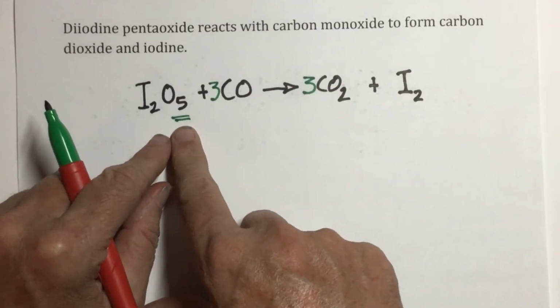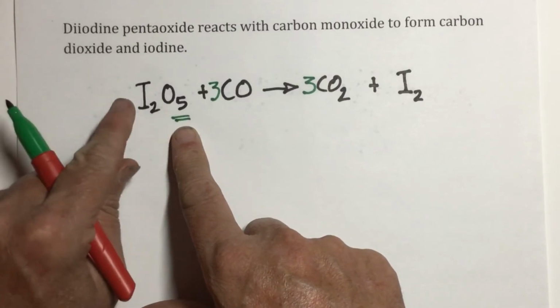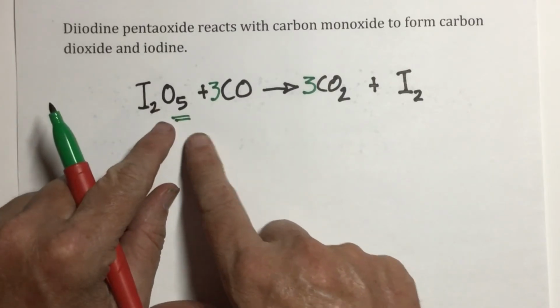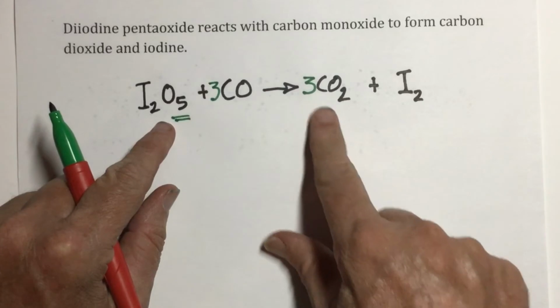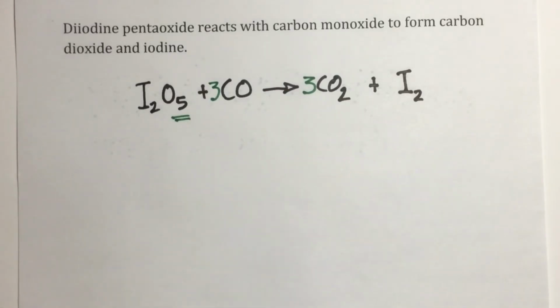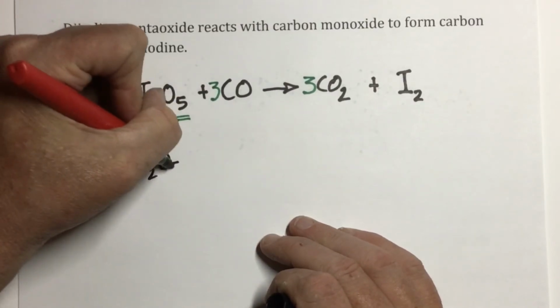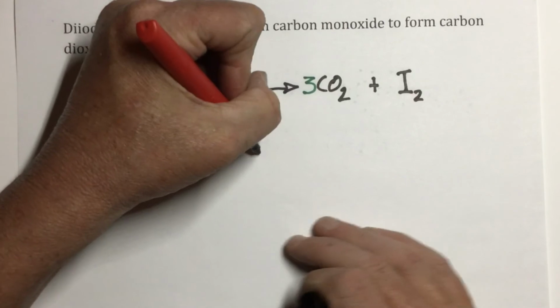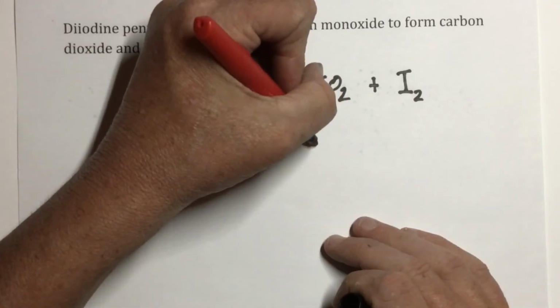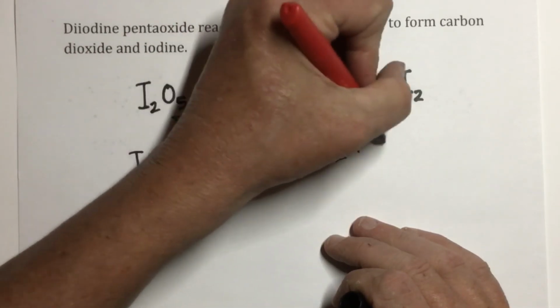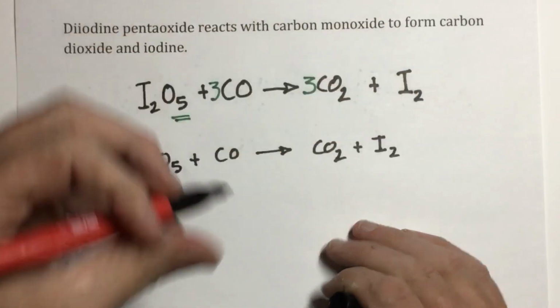Because this O5 is not changing, any number that goes out here is always going to be a multiple of 5. So I need to make this a multiple of 5 too. So let me rewrite that. I2O5 plus CO yields CO2 plus I2.